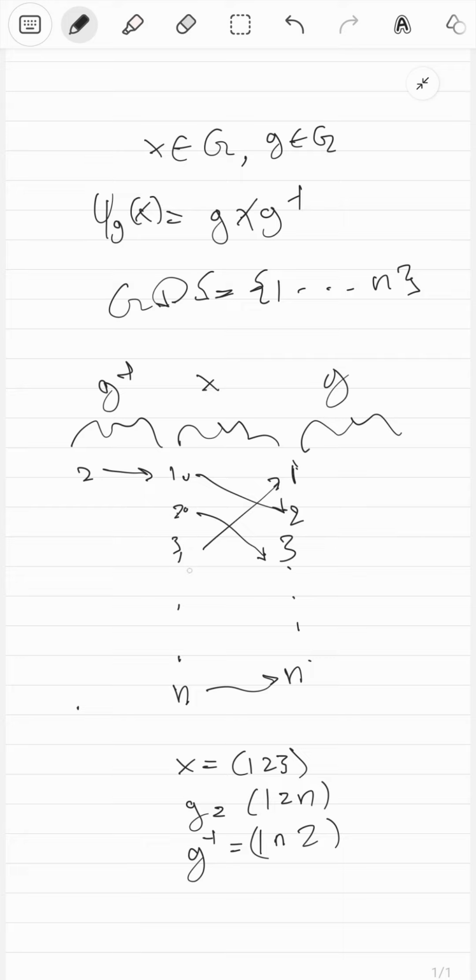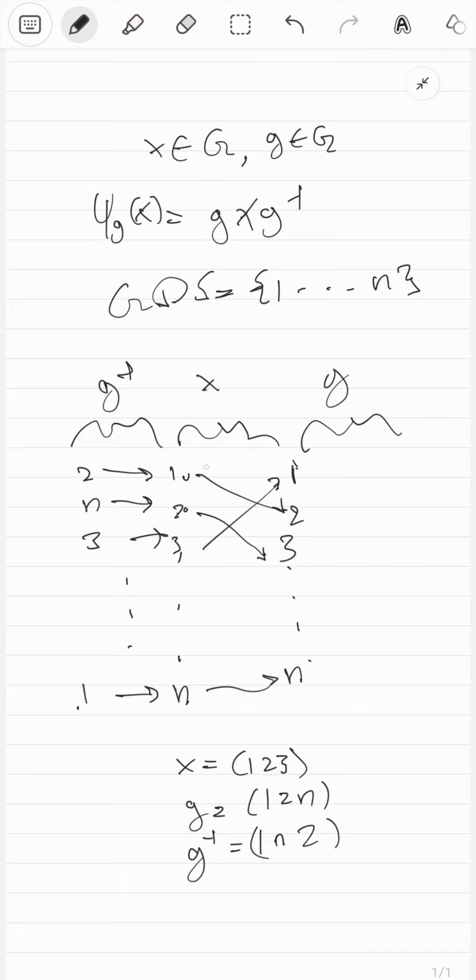What gets mapped to 2? That's g of 2, and g of 2 is n, so n gets mapped to 2, and then 3 gets mapped to 3 and so on. But eventually what's g of n? It's 1. So 1 gets mapped to n, right? And then you do this x thing.